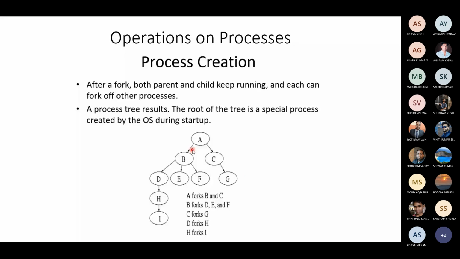After creating a process, in the child process you can assign other values or execute it another way. Then you have to call some other system call, that is exec, which we will discuss later. But the idea to create a process is using fork. Is this clear up to this point?